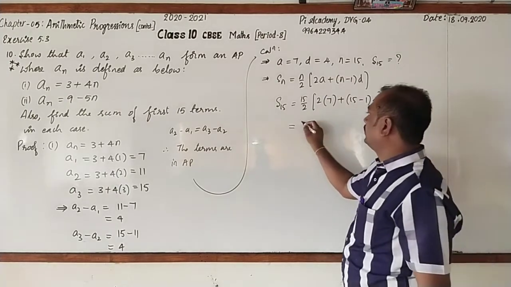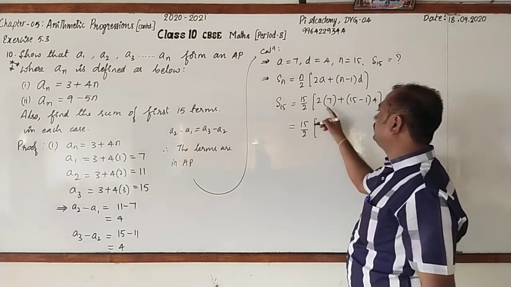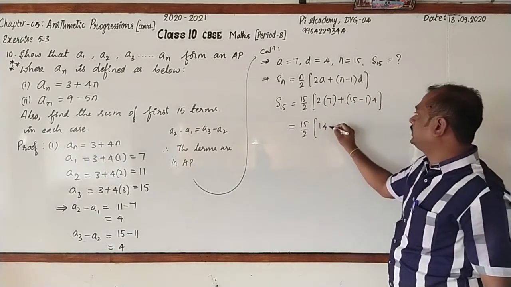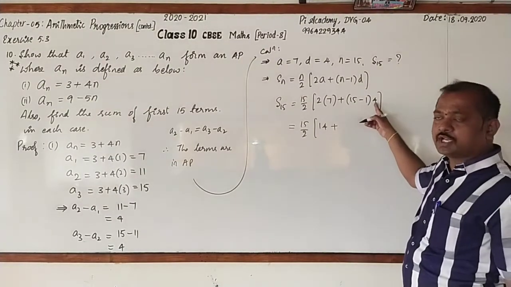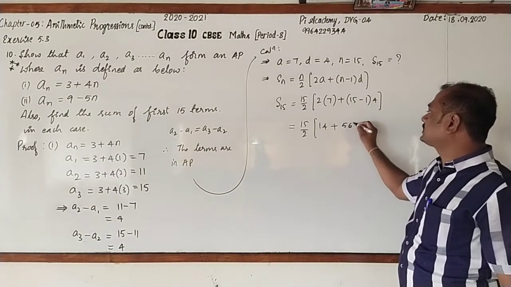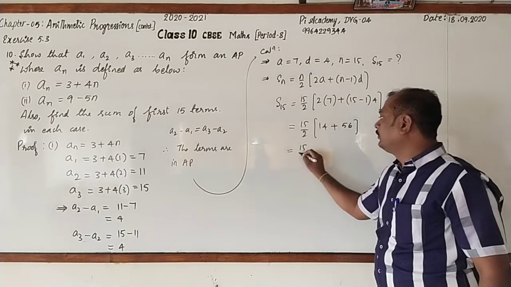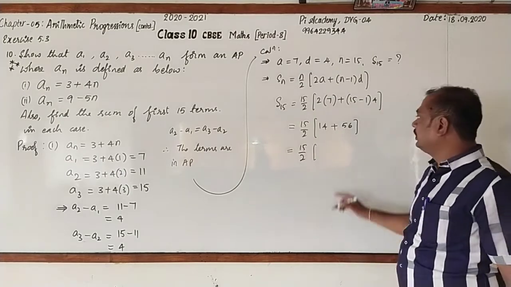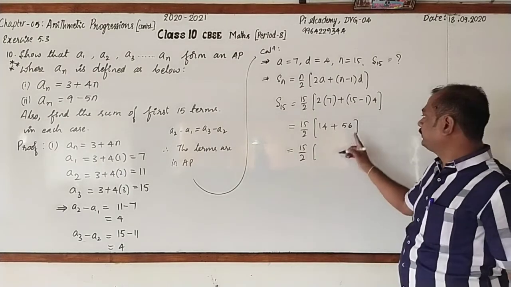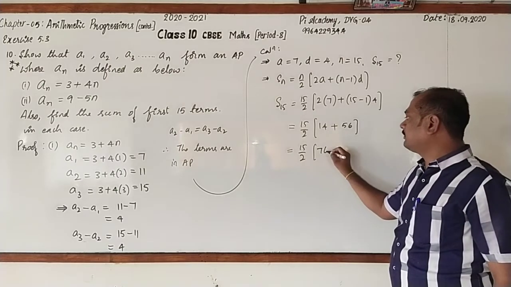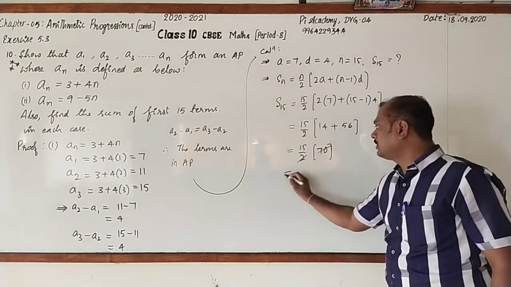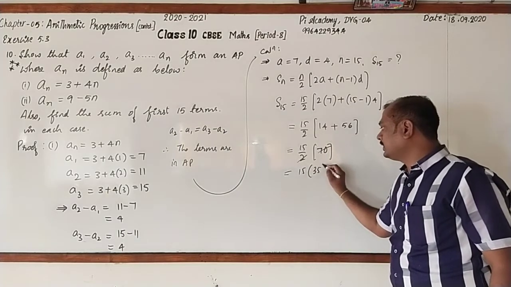It is equal to 15 by 2 into 2 sevens are 14 plus 15 minus 1, 14, 14 fours are 56. This is equal to 15 by 2 into 56 plus 14. 56 plus 4, 60. 60 plus 10, 70. Then 1s are, it is 35s are.